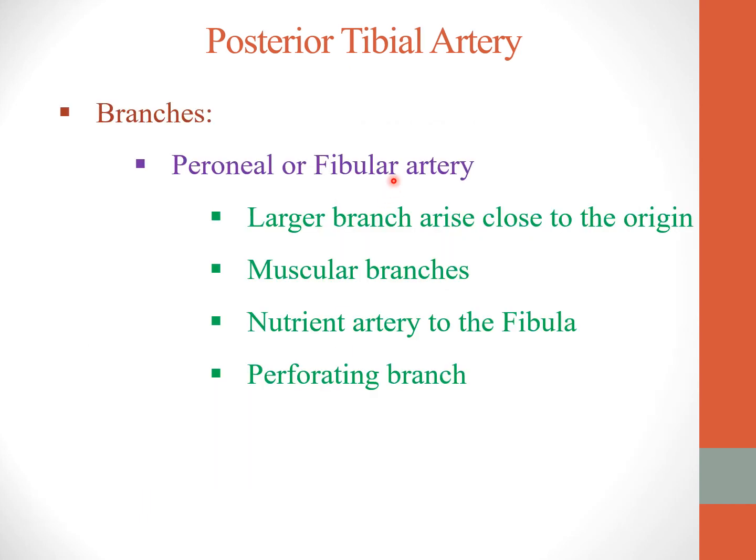Now the branches of the posterior tibial artery, we have a very important branch which is known as the fibular artery or peroneal artery. This artery is mainly for the lateral compartment. A large branch arises close to the origin. It gives muscular branches. Nutrient artery to the fibula is given through the peroneal and perforating branch.